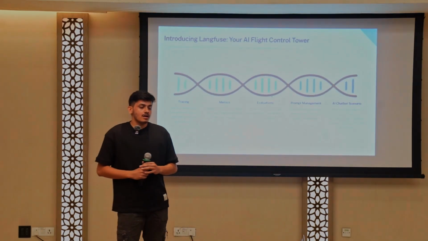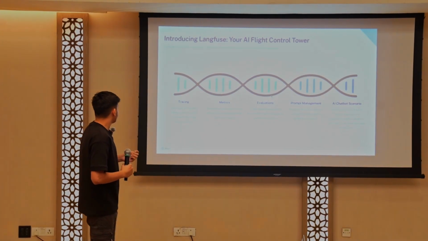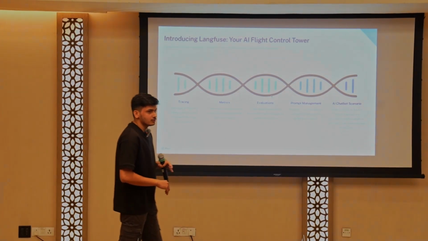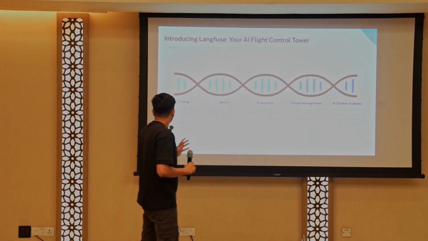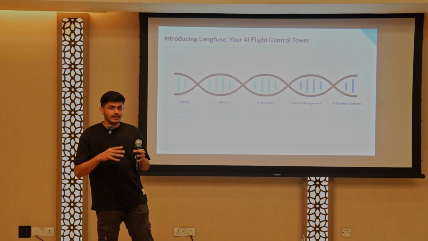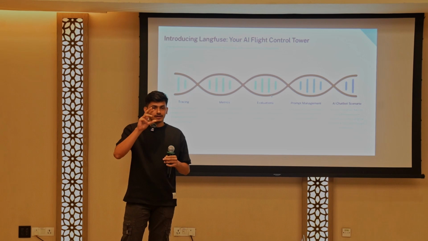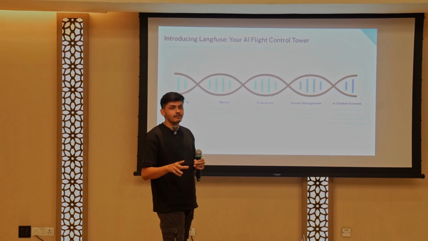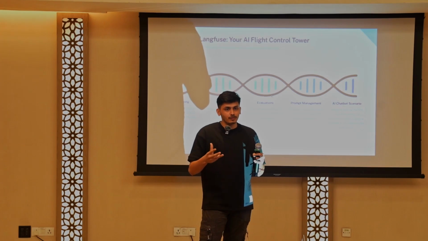So, these are some of the features present in Langfuse. First one is tracing. So what is tracing? Tracing is basically tracking each of your AI requests end to end. Let's say you are calling OpenAI first for elaborating on a particular topic.